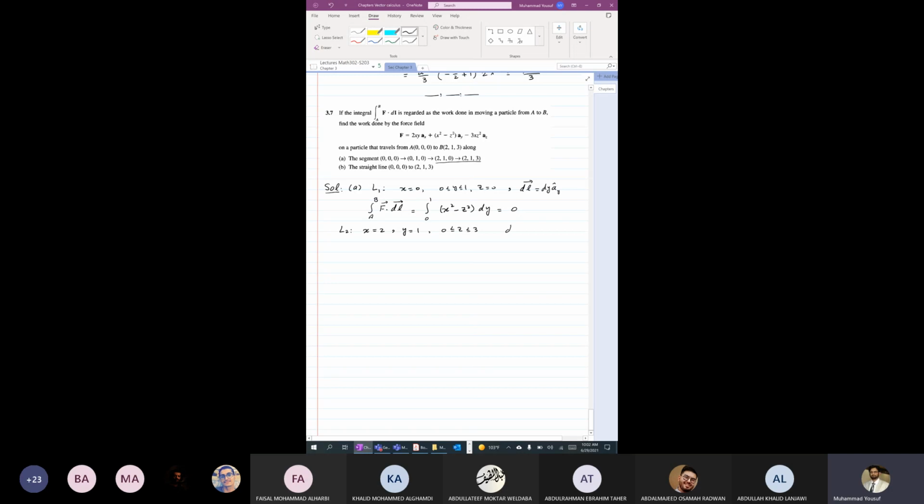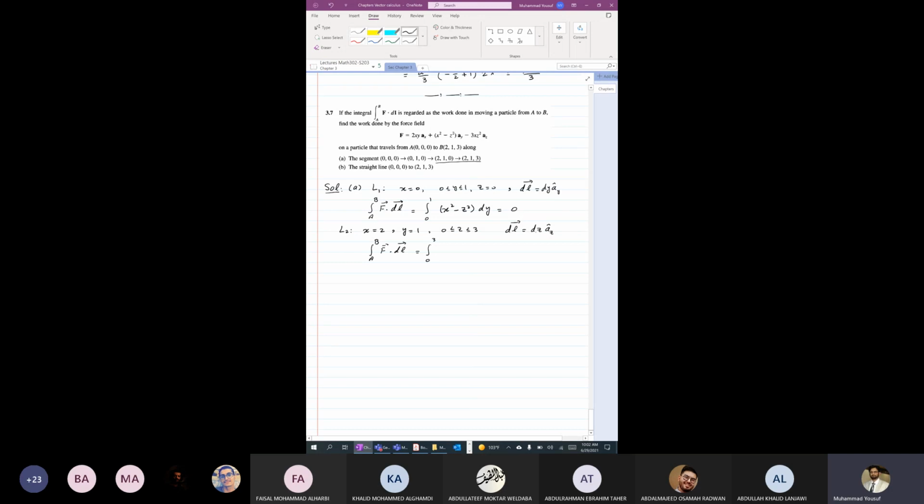In this case, since x is 2, dx is 0, and y is 1, so dy is 0, so only dz az will be left. So the integral from point A to point B of F dot dl is from 0 to 3, with only the z part there.